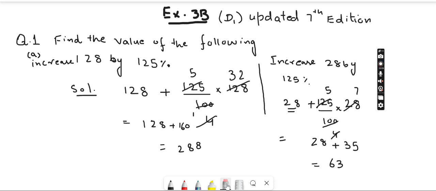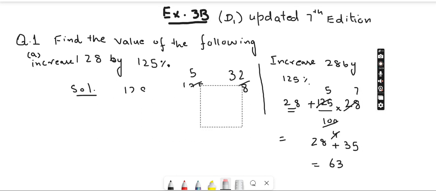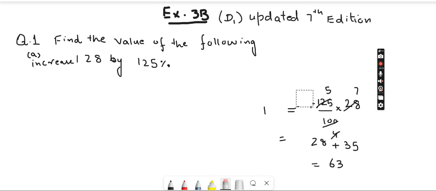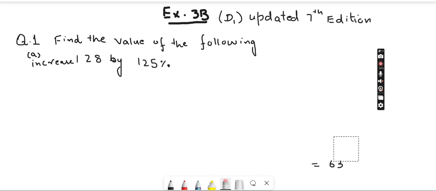Now we'll be talking about its C part. It is of decrease. Decrease means now you have to decrease the value. Increase means by the given percentage of the number you have to increase it, and for the decrease you have to put a subtraction sign.